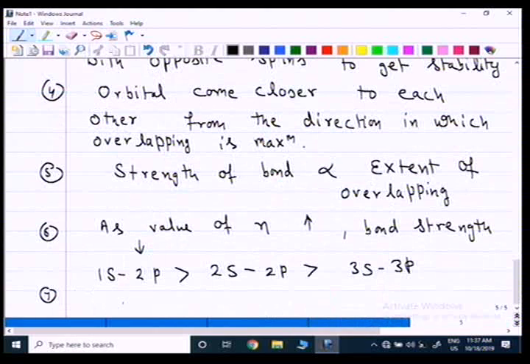Number 6. We can say this is the A part and this is your B part.